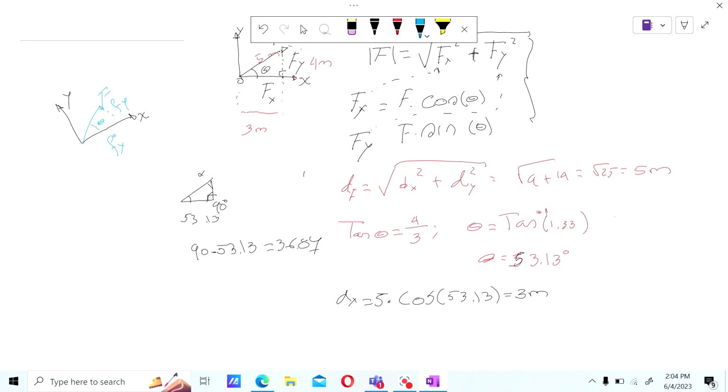Don't get confused by the orientation of the coordinate system. It would be completely different if they asked you to rotate the coordinate system to horizontal and vertical positions, which is not part of this class. That is with the cosine of that angle, and it's completely different. You have to do rotations, and you're not going to be asked to do that.